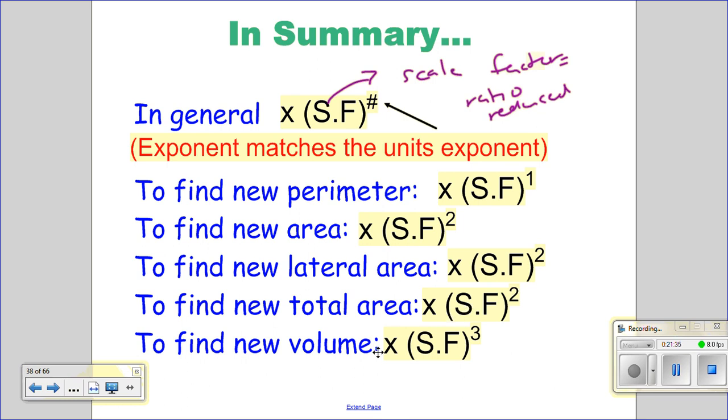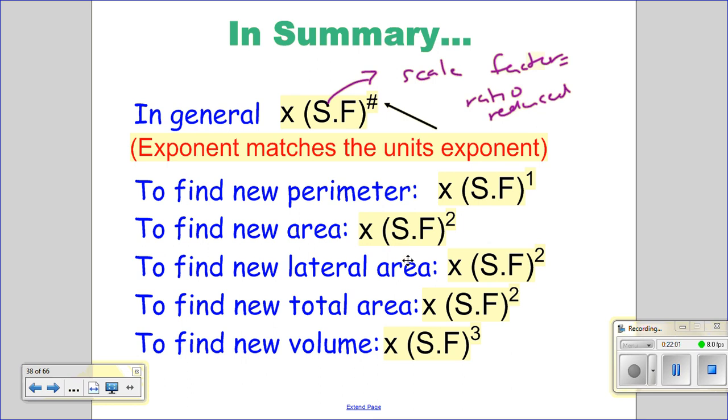And then we get to volume. Volume is only for three-dimensional objects. And when we write our volume units, we use to the third power. So you're going to do the same thing with your scale factor. Take your scale factor and raise it to the third power, and then multiply that by the old volume.